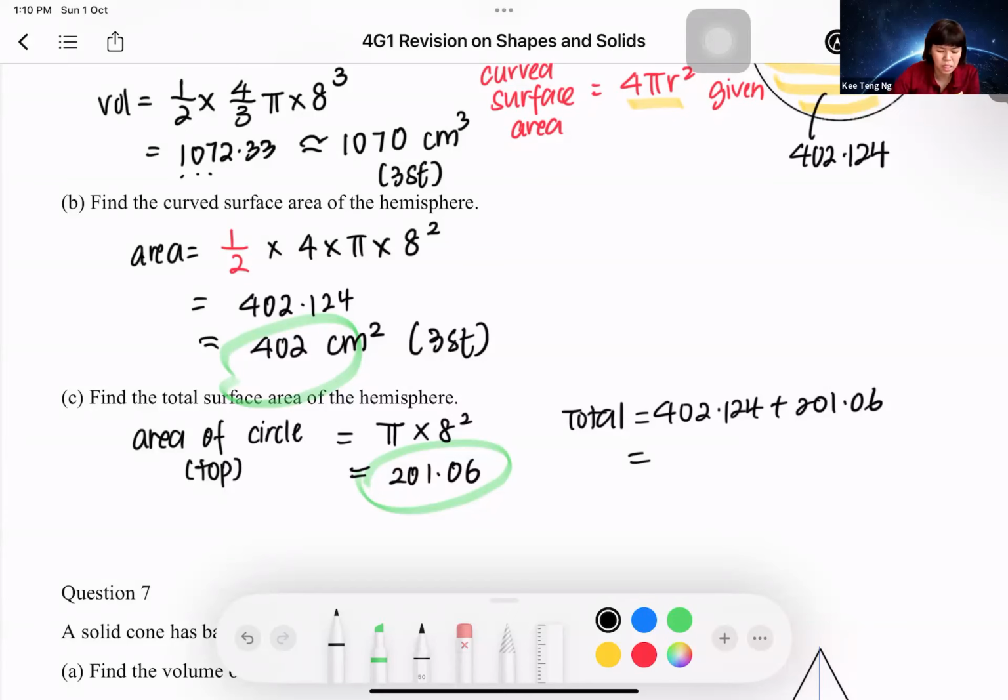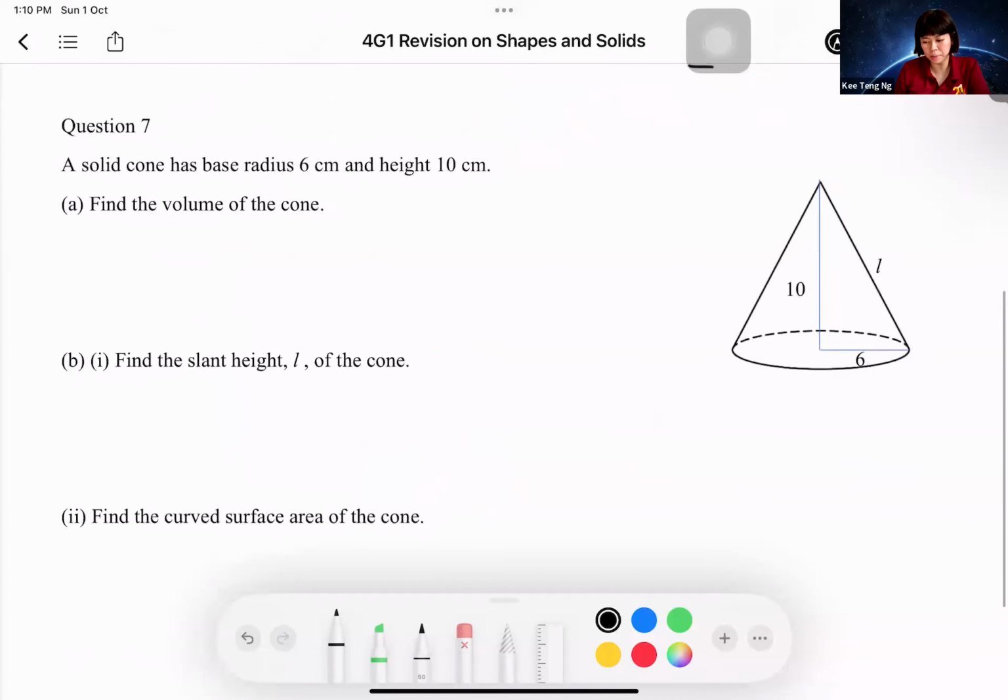That gives me 603.184, rounding it off to 3 s.f., 603 cm squared. Have you gotten the answer? Now let's look at our last question for the day.